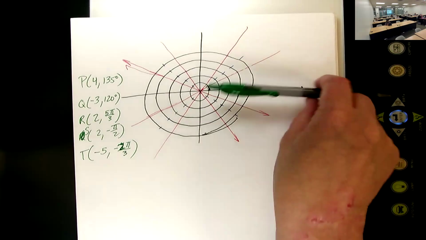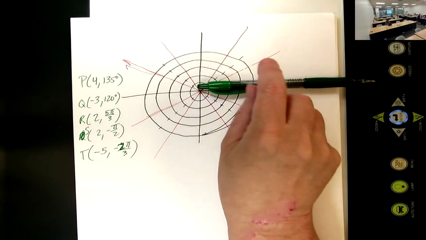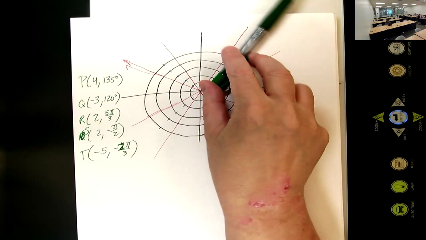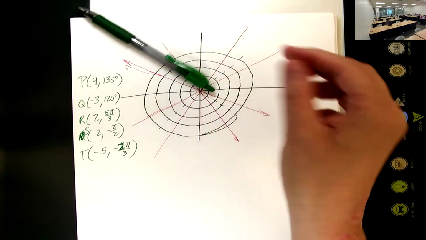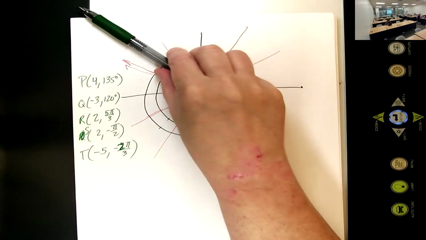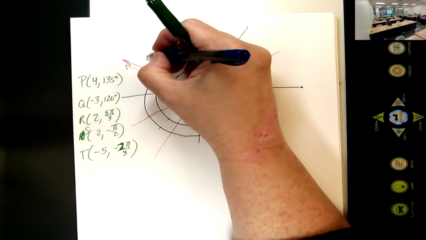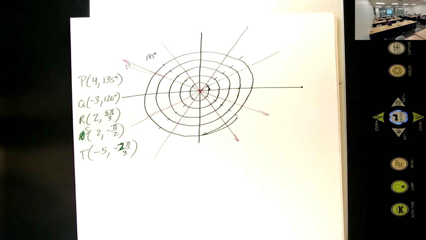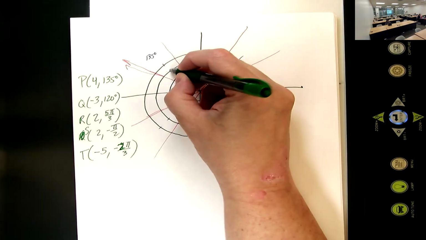Okay, so for P, I have to rotate till I'm at the 135 degree mark, which is 90 plus 45. So we're on the diagonal there. That's the 135 degree line right there, and we want to go out 4 in that direction, so 4 circles.